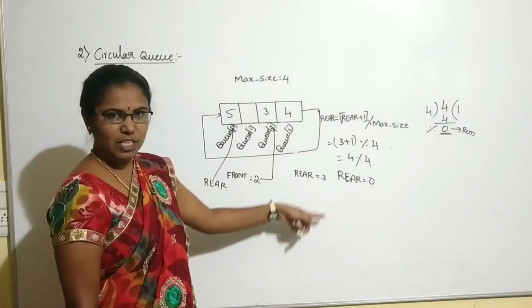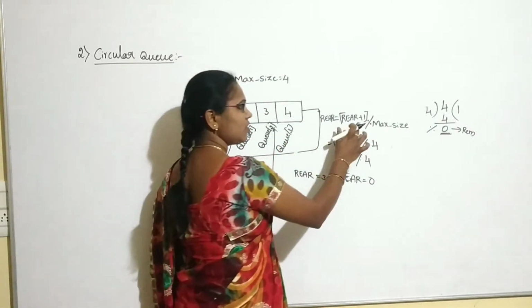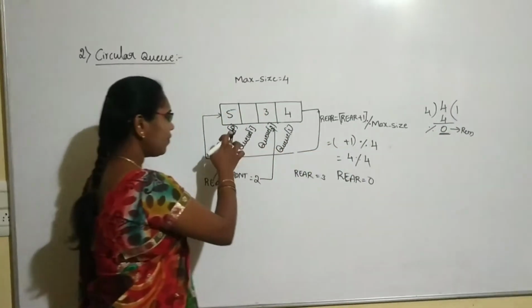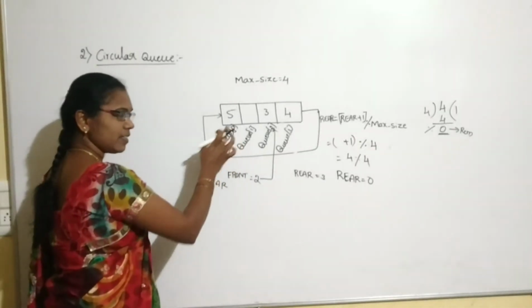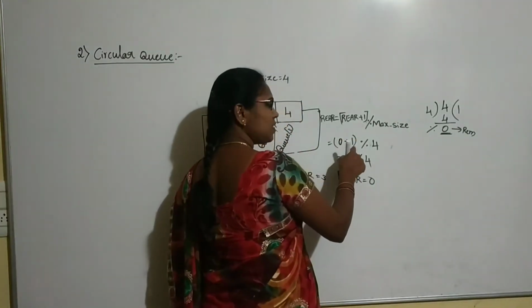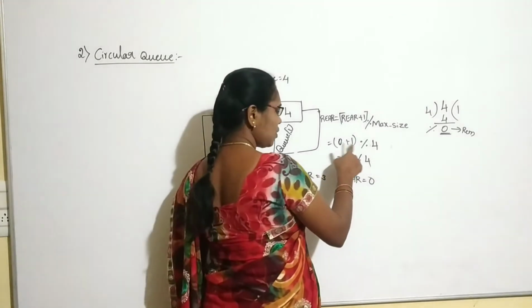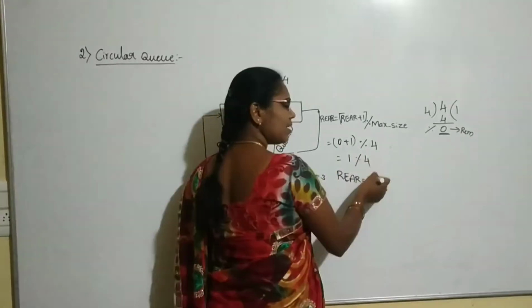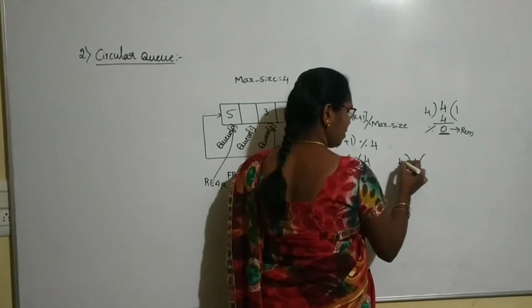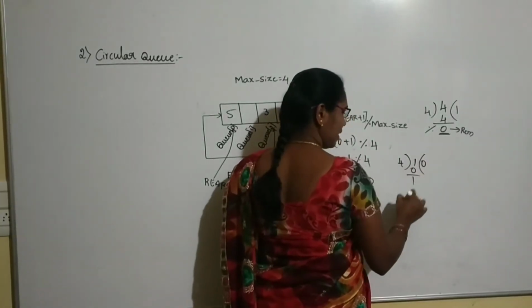Again, we use the same formula: rear equals rear plus 1 modulus max size. Now, what is the value of rear? Rear contains the value 0, right? 0 plus 1 modulus 4. 0 plus 1 is 1. 1 modulus 4, what is the answer? 1 divided by 4, 4 zeros are 0, the remainder is 1.